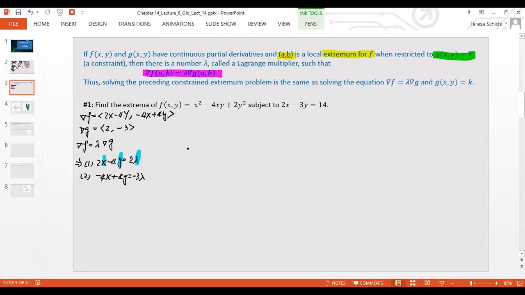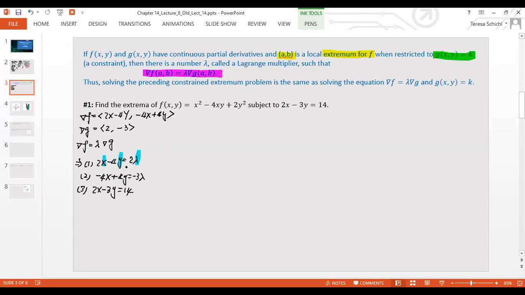The other one is my constraint, so equation number 3 is 2x minus 3y equal to 14. For the Lagrange multiplier, the concept is pretty simple. The hardest part is the algebra, solving the system of equations.